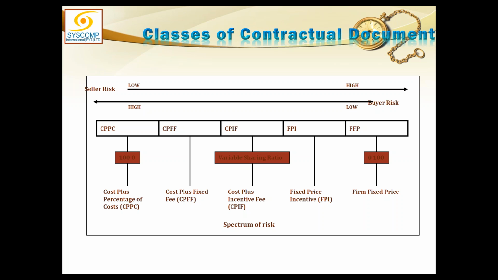In real life, the contractors are much more intelligent and they don't just want to take the risks, but they also want to make the money. And at the same time, they need some security. So there is another type of contract which is fixed price plus incentive.